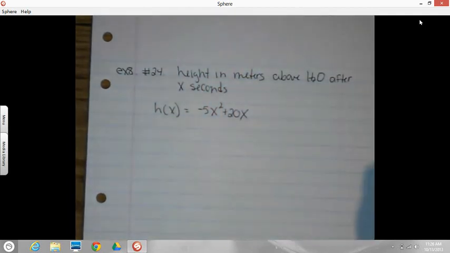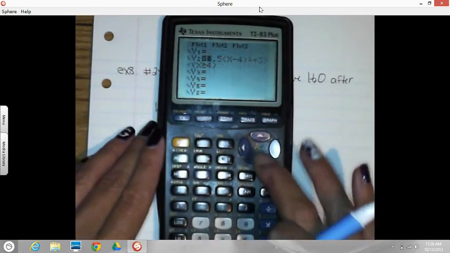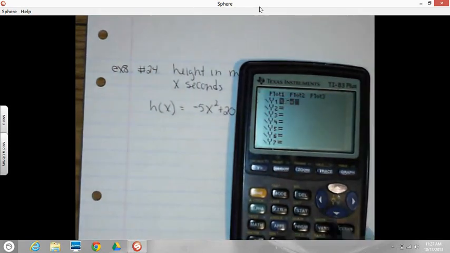And I do think it's a good idea to take a quick look at the graph. Negative 5x squared plus 20x.